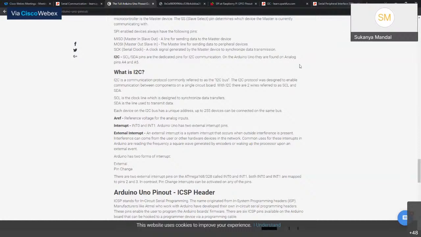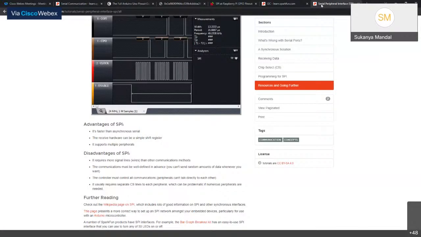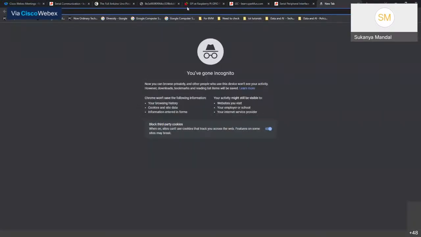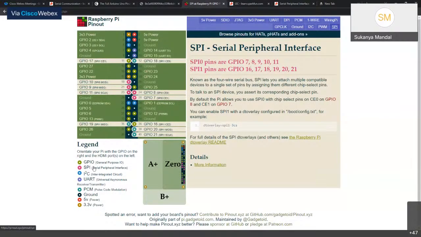Okay, now moving on to the Raspberry Pi. Yeah, all right. So moving on to the Raspberry Pi, the SPI pins are these.